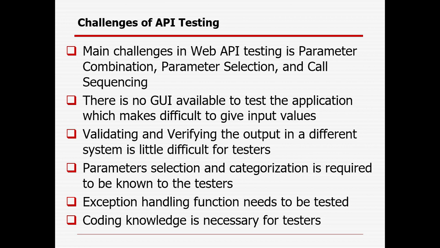Exception handling functions need to be tested, and coding knowledge is necessary for the tester. If you want to do API testing with Postman or REST Assured, you need knowledge of different frameworks like Maven, TestNG and relevant programming knowledge, so you can easily solve the API testing challenges. These are the real-time challenges listed out in API testing.